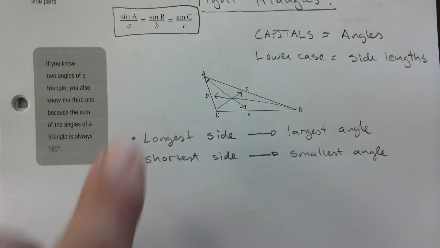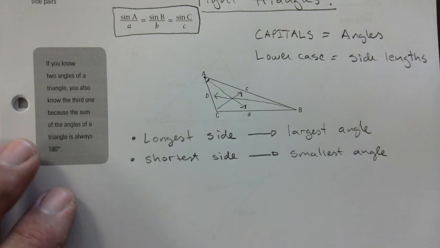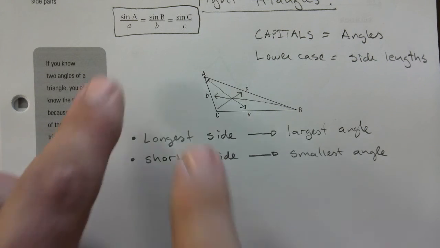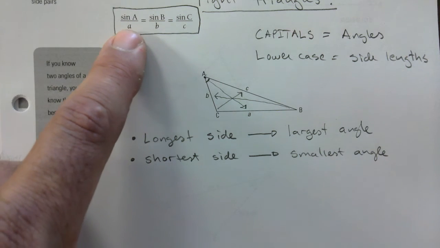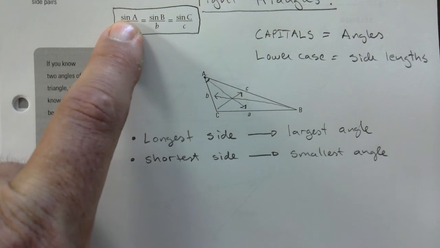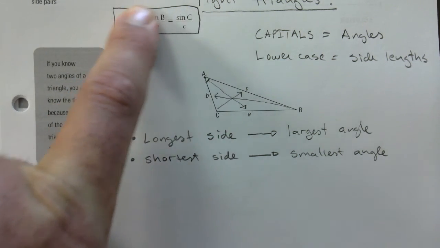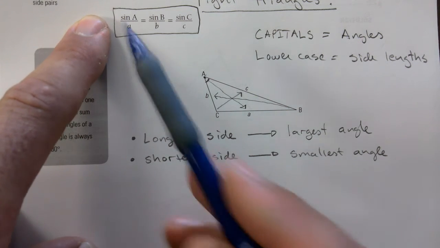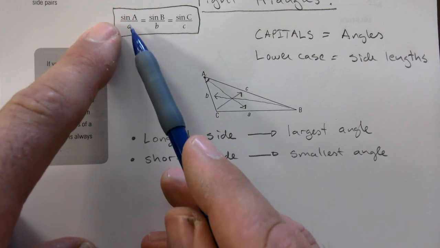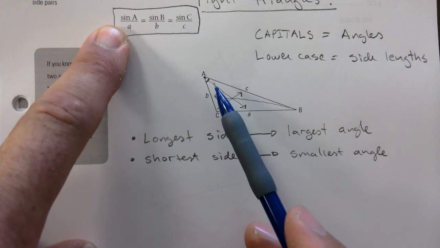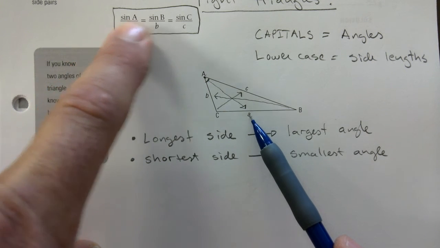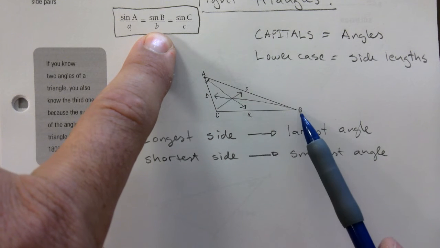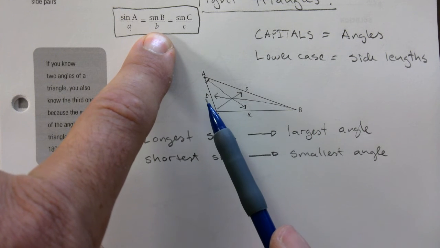So let's go ahead and put this in practice. So before you flip, I just want to show you this formula, which is kind of like, why are there two equal signs? Like, what's going on here? The proof of this law is saying that if you take the sine of angle A and divide it by its side length, right? If you take the sine of this and divide it by the side, it will be exactly the same as taking sine of angle B and dividing it by the side length across from it.